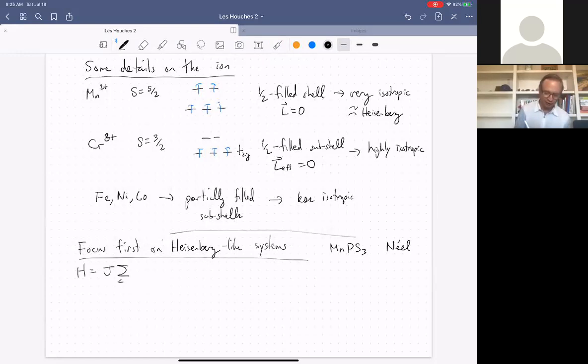So if you want to think about a microscopic lattice model, this would just be some nearest neighbor antiferromagnetic interaction between spins. But I want to emphasize that actually assuming that is not necessary. It's simply a way to understand the Néel order that occurs in the system. Okay, so such a model would lead to a Néel state.